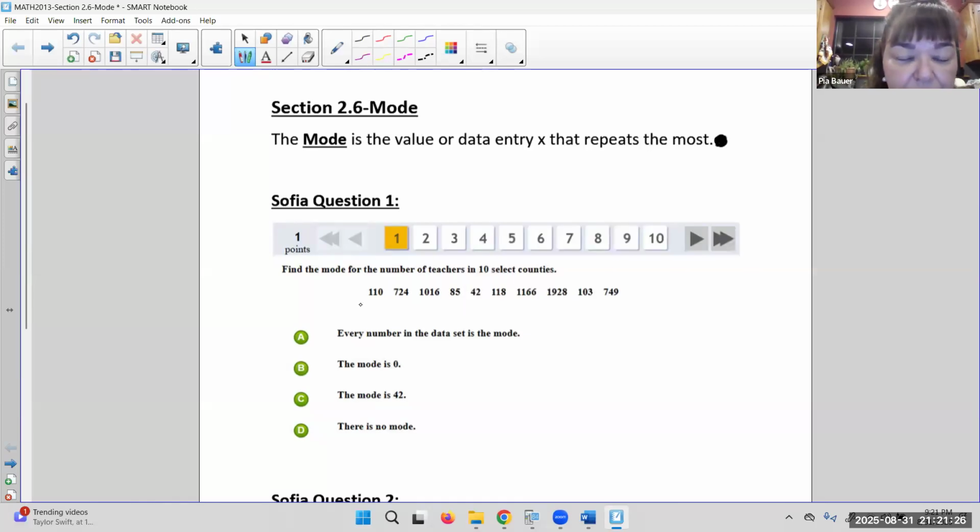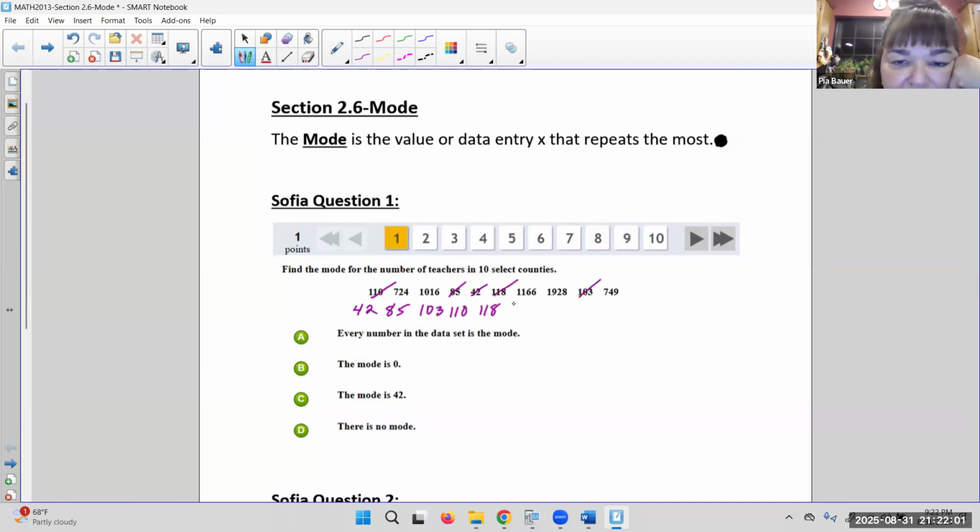But if I put it in order, I have 42, then I have 85. I have several hundreds. I have 110, 103 is the next one. Then I have 110, 118.